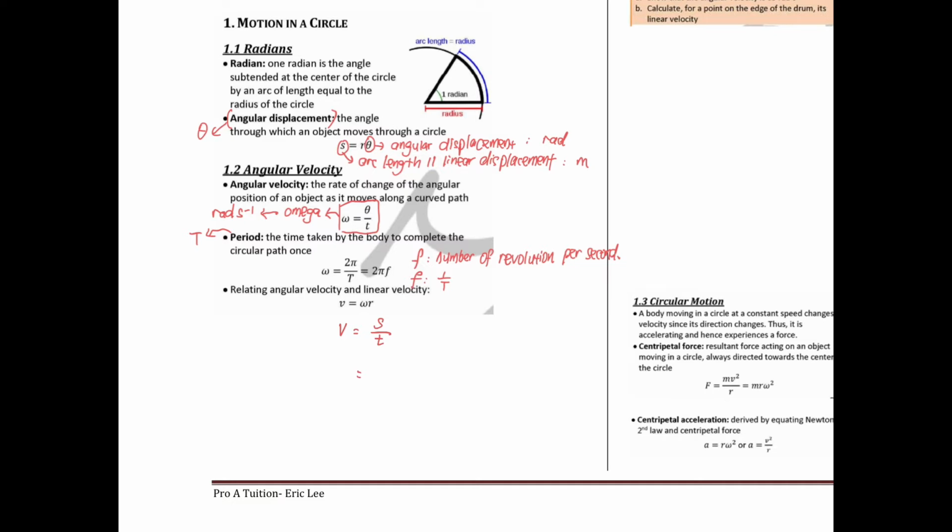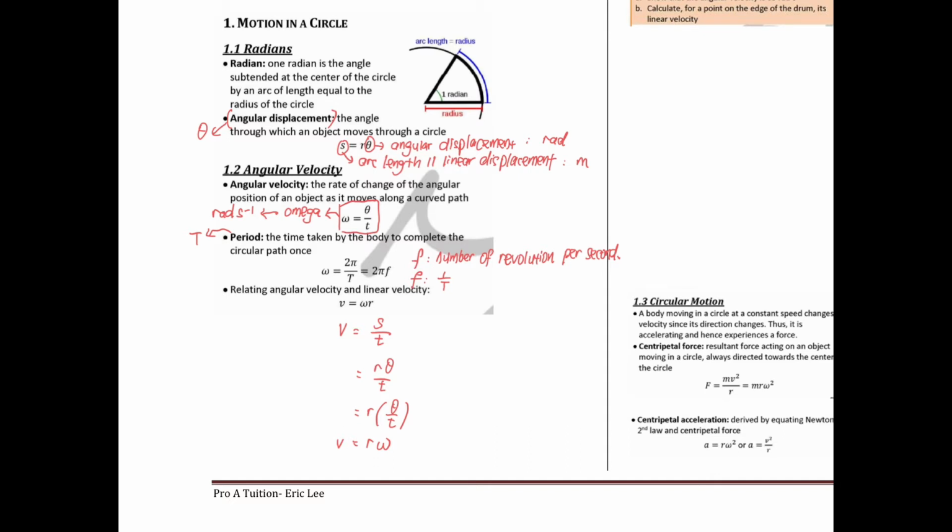From 1.1 just now, we already know S is r theta. So we can put S with r theta and we divide by t. And then we have theta over t. I separate them purposely so that theta over t becomes omega. And hence we get the formula V equal to R omega. So you have to know how to derive it as well.